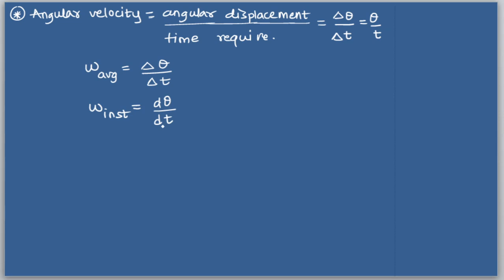At a given time instance you take a very small time interval, and in that interval the particle moves by the angle d theta. Then that angular displacement upon time will give you the instantaneous angular velocity.